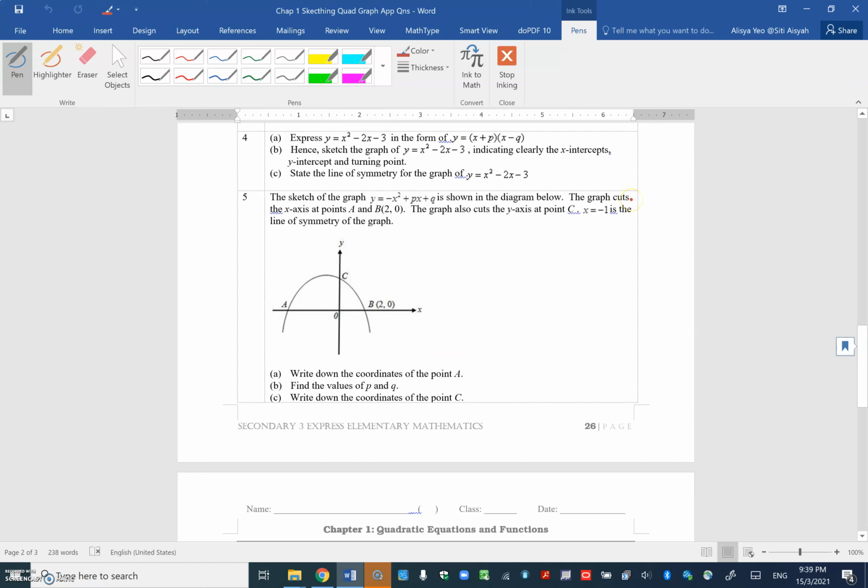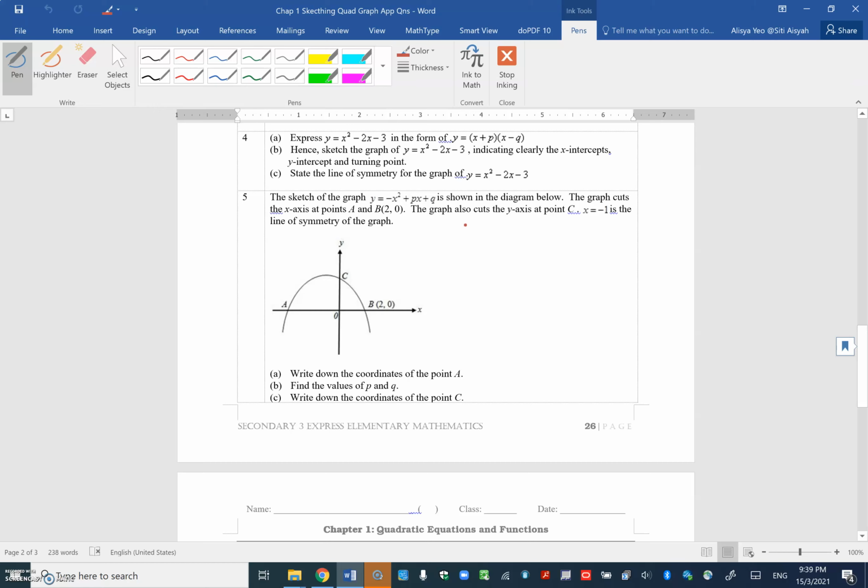They say that the graph cuts the x-axis at points A and B, and the coordinates of B are (2, 0). The graph also cuts the y-axis at C, and the line of symmetry x equals -1 is not shown in the graph.